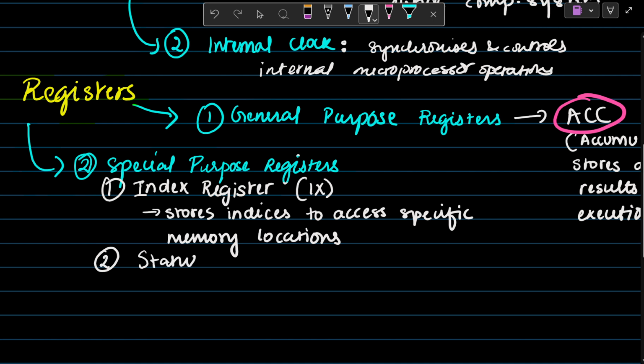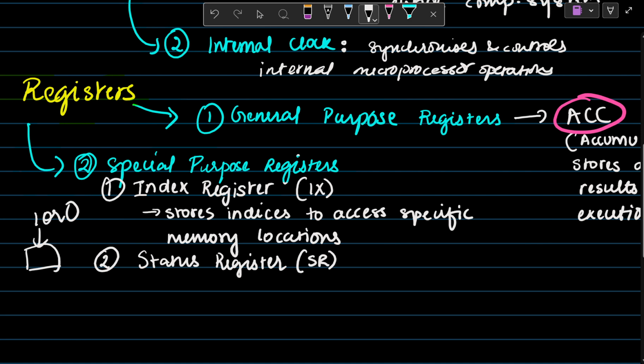Then we have the status register, the short form is SR. The status register is basically like a memory location that can be 1 or 0, and it's like a flag.